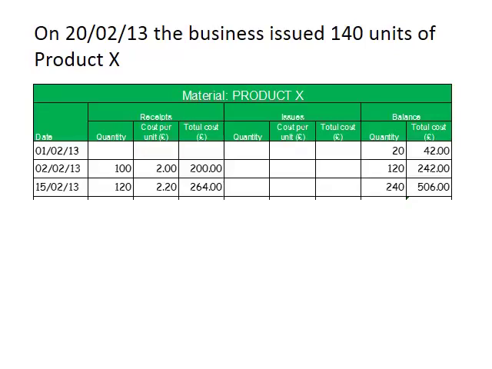We've issued 140 units. Well, that's straightforward enough, but we've now got to calculate what the total cost associated with those 140 units will be. Well, the approach that we take with FIFO is that we look and see what is our oldest stock, and we'll use that up first, and then we will use our next oldest stock and keep going until we've used up 140 units.